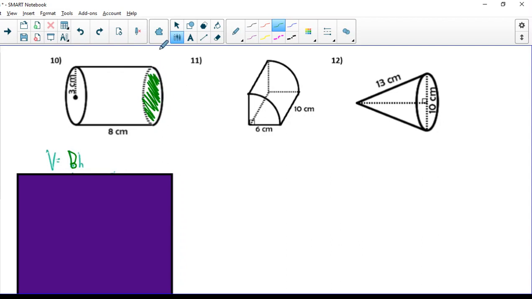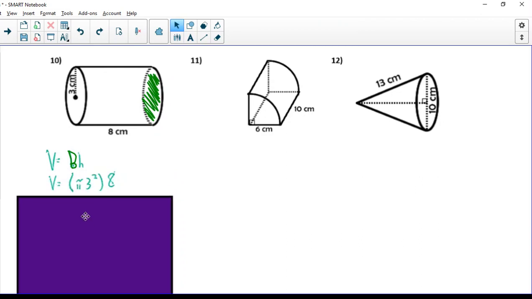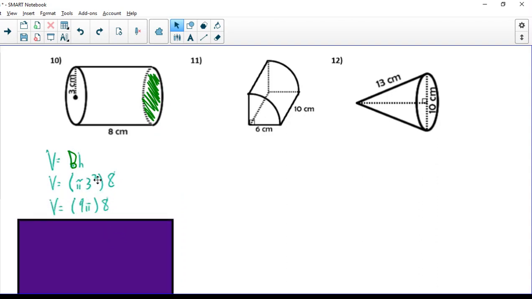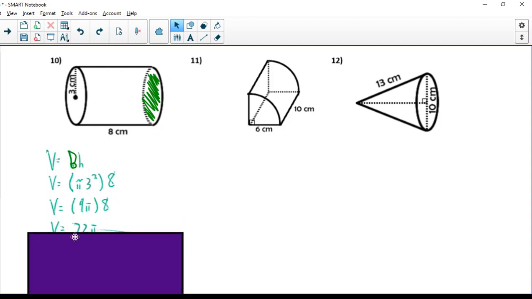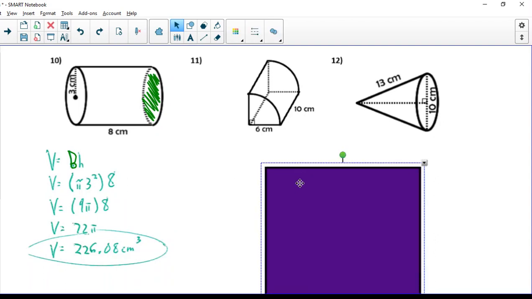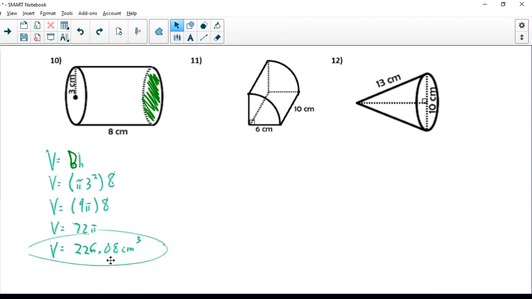Here we want to use pi r squared for the area of that circle, so we're doing pi times 3 squared times the height. The height is 8. So just multiplying these together, 3 times 3 is 9, and then 9 times 8 is 72. So I'm doing 72 times 3.14 to get my answer here: 226.08 cubic centimeters.